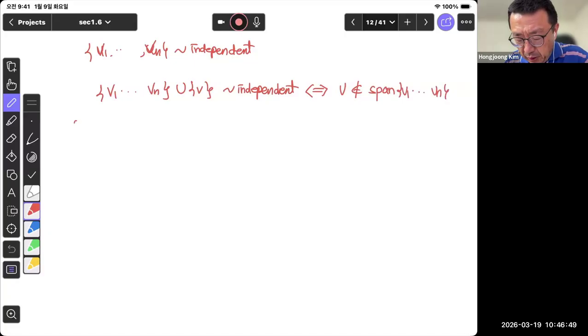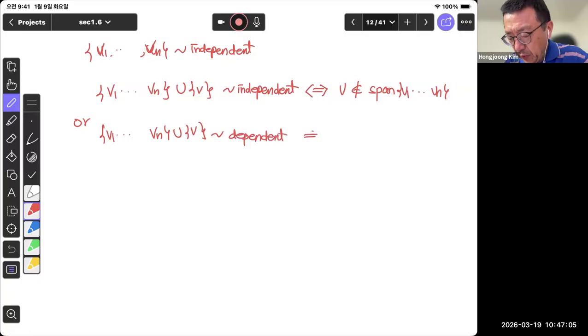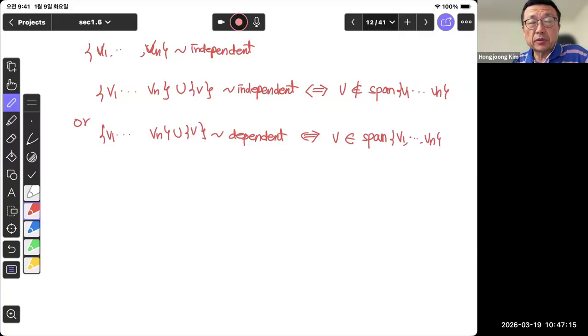Or you may say the set is linearly dependent if and only if v is included in the span of v1 up to vn, right? So these two statements are equivalent.